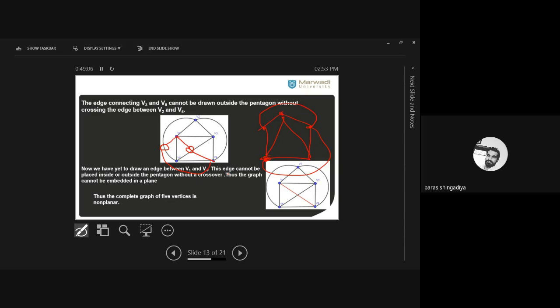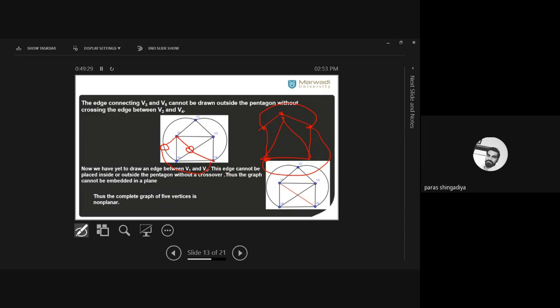Is it clear? Here you can also consider this graph. You will get this situation, and then after you just apply the last one. It is not possible in this graph also. It is not possible to connect to the inside, it will cross with this edge, and it is not possible to the outside, it will cross with this edge.